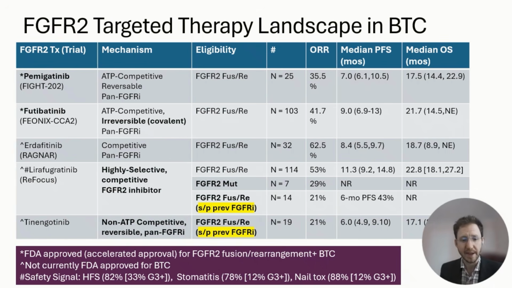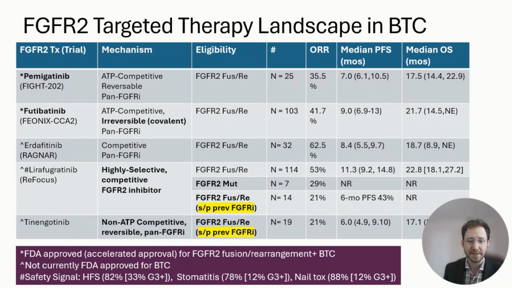And we're seeing in these cases that those FGFR inhibitor experienced patients can still have disease control, or a 20+% chance of objective response when treated with these novel FGFR inhibitors in a later line setting.